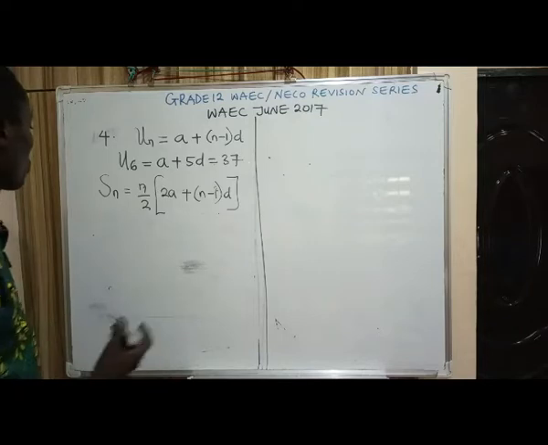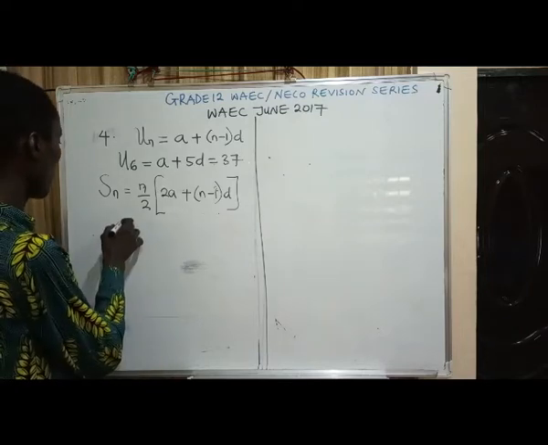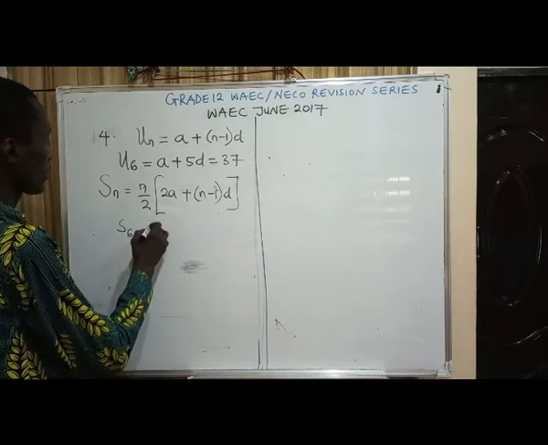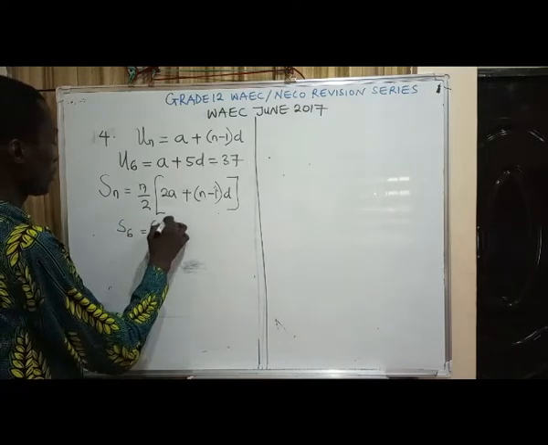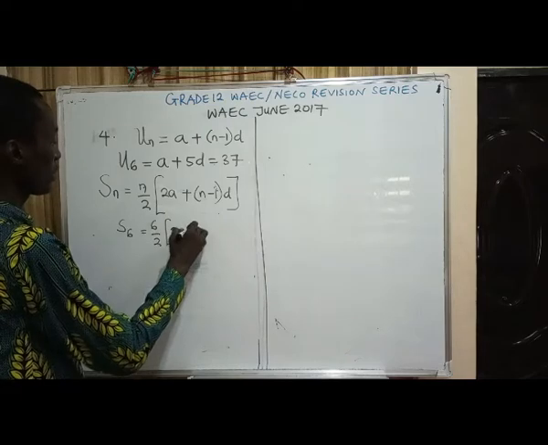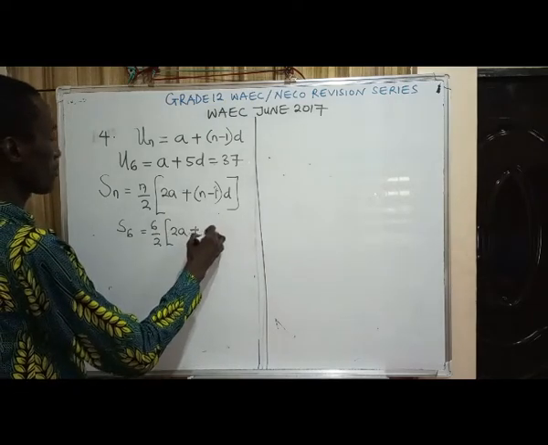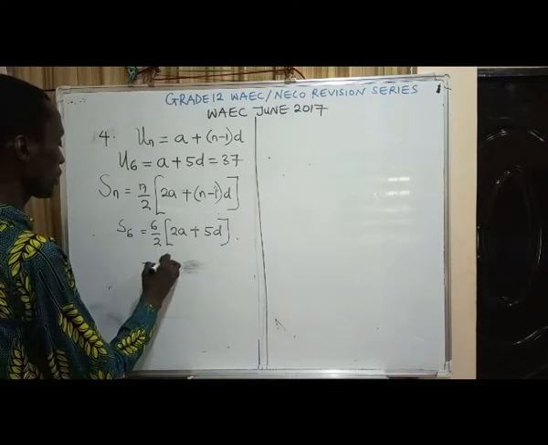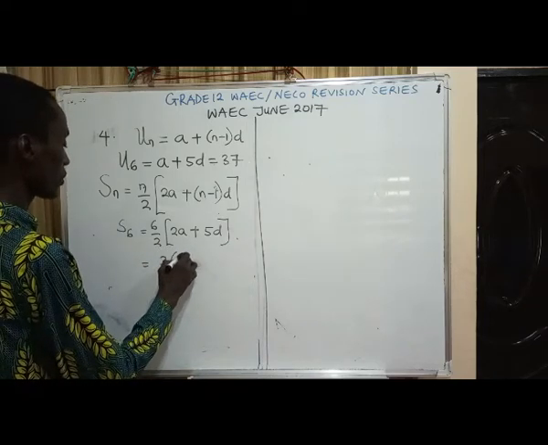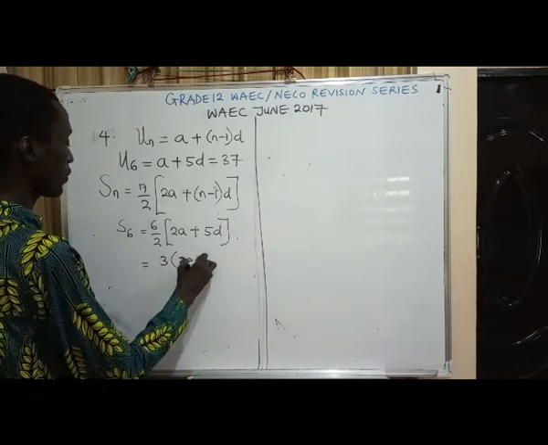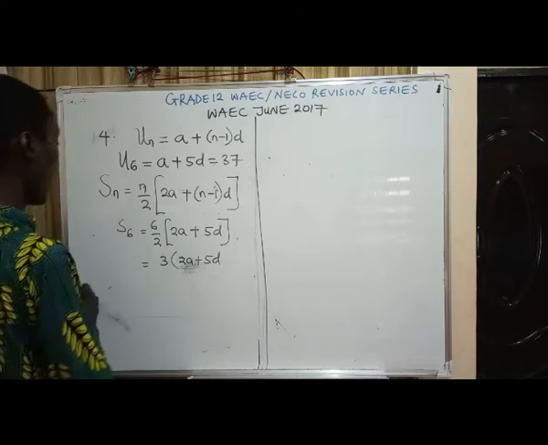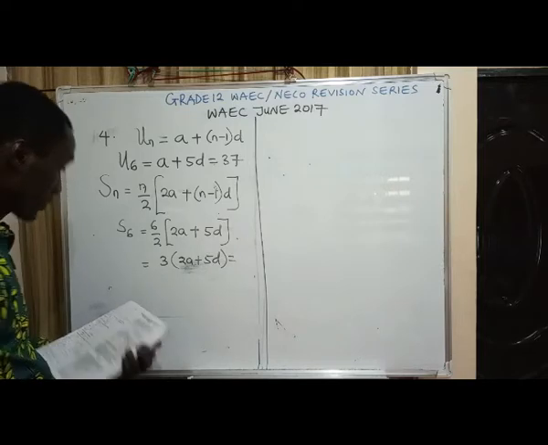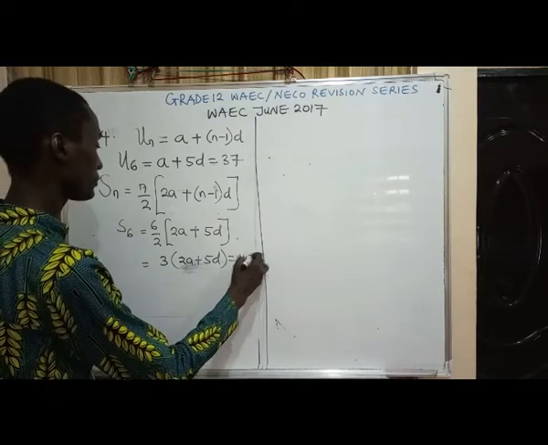The next thing you want to do is to now fit this in. S6 will be 6 over 2 into 2a plus 5d. So this invariably will give you 3 into bracket 2a plus 5d, and that will be equal to 147.